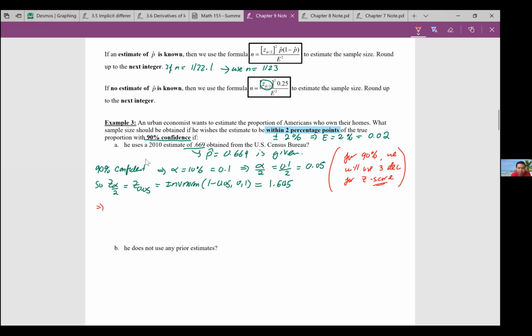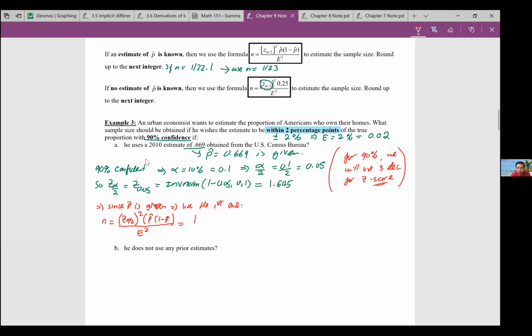So since P hat is given, I'm going to use the first one. All right, so we have n equal to z alpha over 2 squared times P hat times 1 minus P hat, divided by E squared.